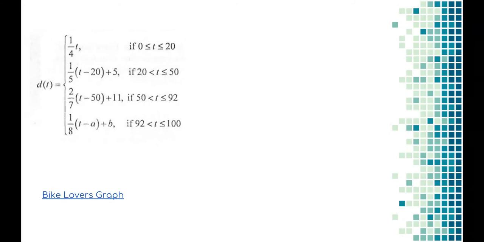So the Bike Lovers lessons are very interesting, and they go through a series of continuous piecewise functions. And the functions that are explored in this lesson are all linear. What I've done in this particular screencast is focus on one particular piece that I think is very salient.